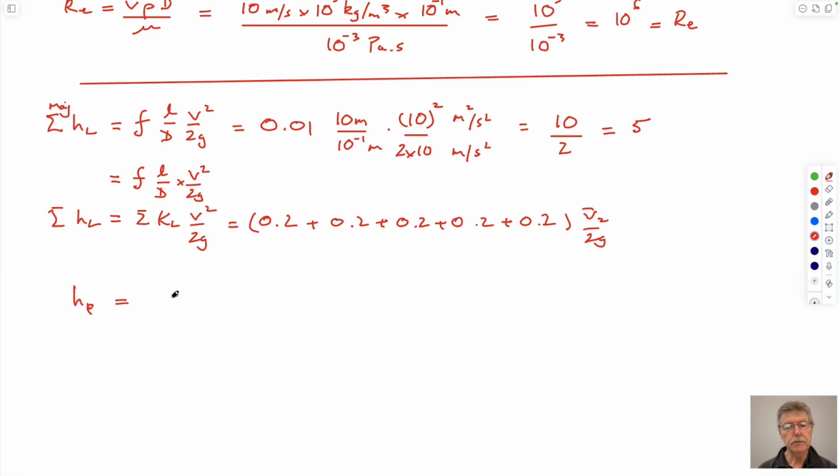HP is equal to 1 meter plus v squared over 2g plus friction factor, length over diameter, sum v squared over 2g plus the sum of the head losses times v squared over 2g.